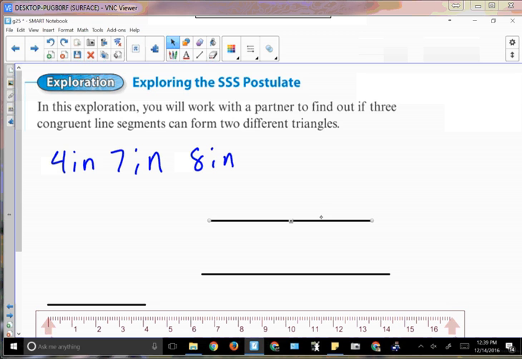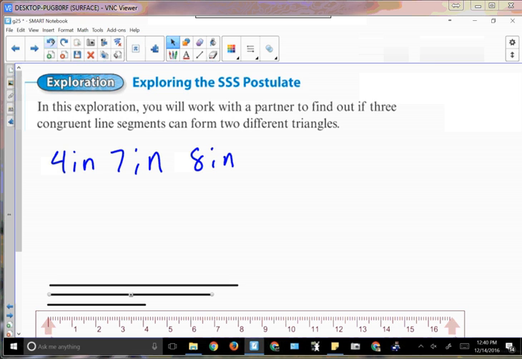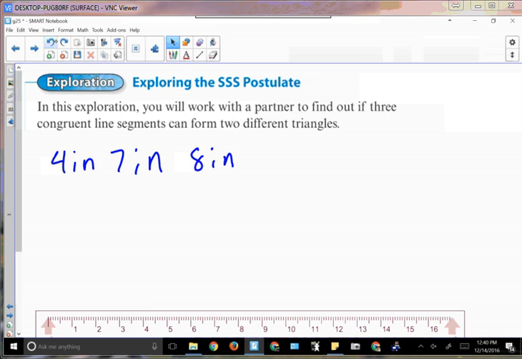Let's see here. I just realized something. I can't use lines because I need it to do something that won't work. Now, the properties do not work.